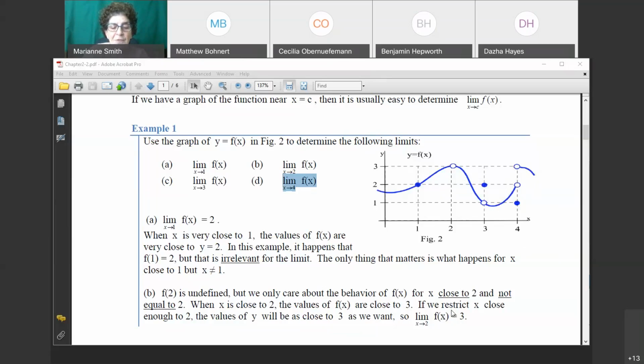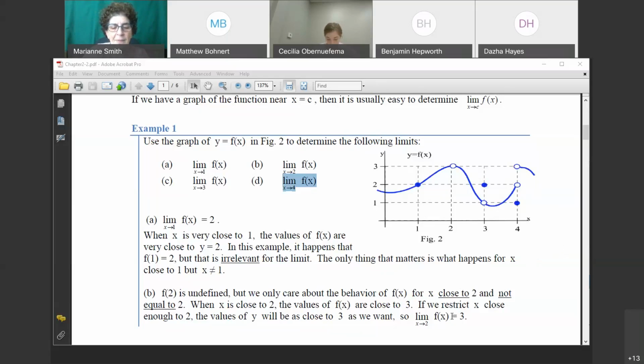So the values from either side must be the same for the limit to exist. In other words, you can't say 2 or 3, depending. The limit as you approach it from the left is 2. The limit as you approach it from the right is 3. You can say that. But the limit as you approach x equals 4 doesn't exist because you're getting two different conflicting pieces of information.